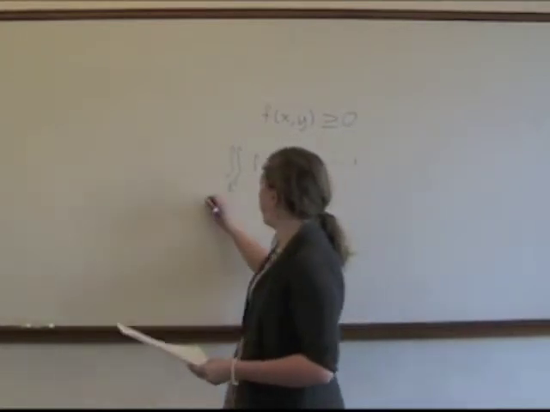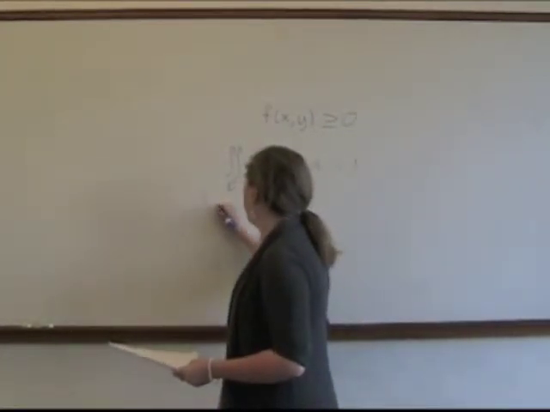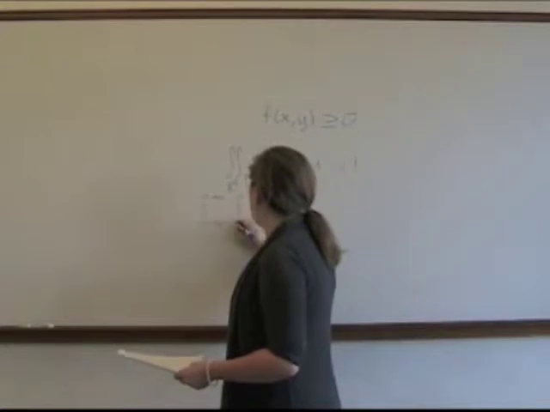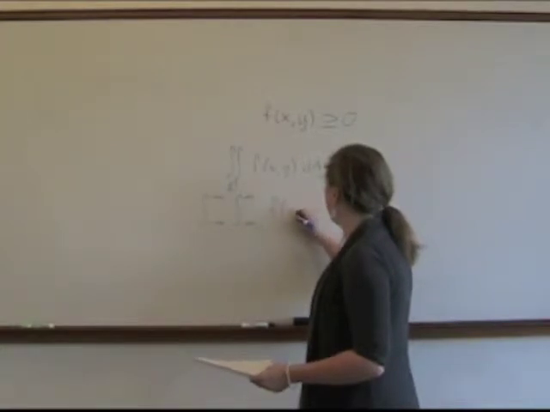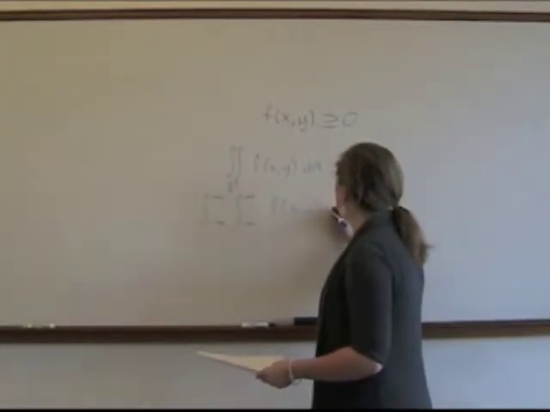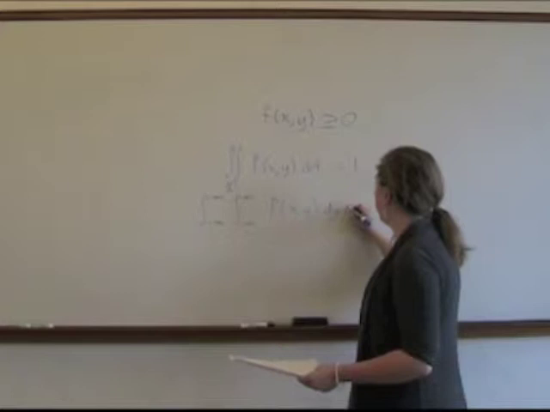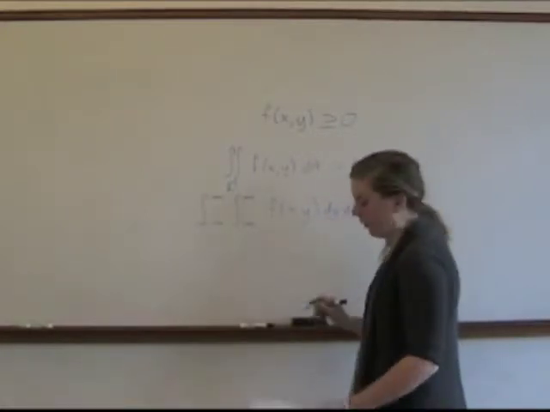So this is basically saying as x goes from negative infinity to infinity, and as y goes from negative infinity to infinity, then the integral of the function, dy dx, will equal 1.